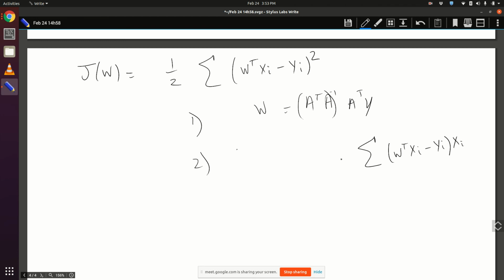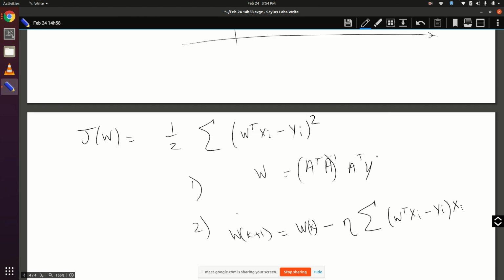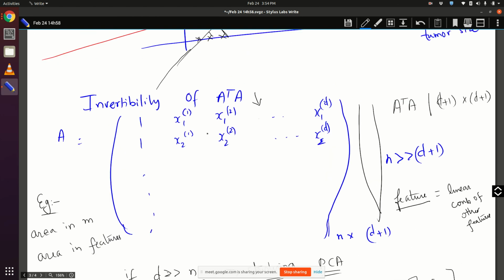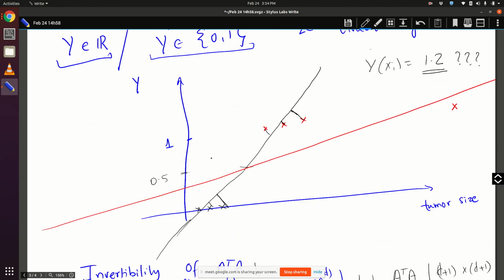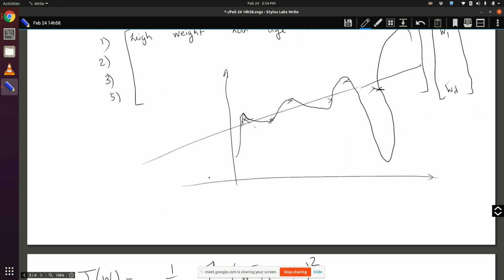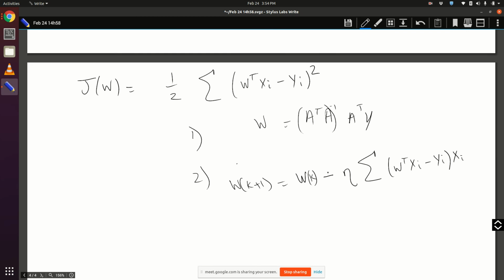This is your gradient, right? Then eta times negative of that, and W k becomes W k plus 1. So you do an update like this. I hope this step is correct. I don't know what it was. If it is not, just adjust it. But anyway, this is just one view.